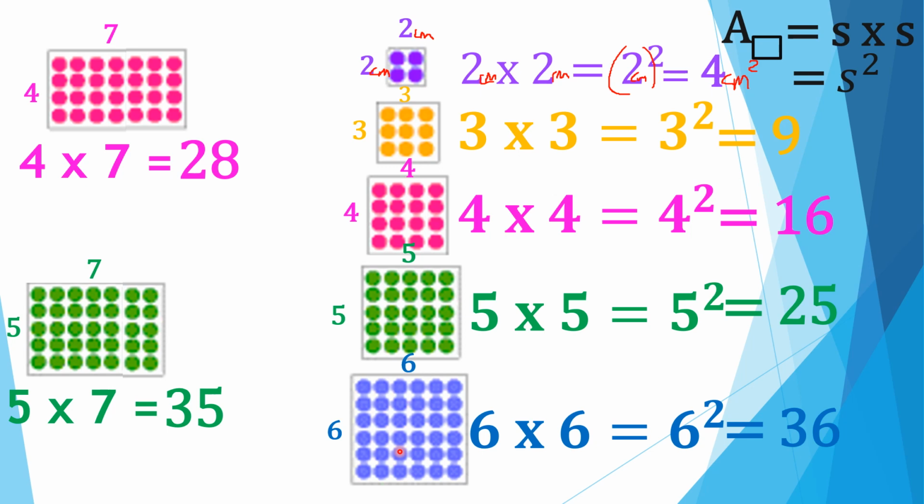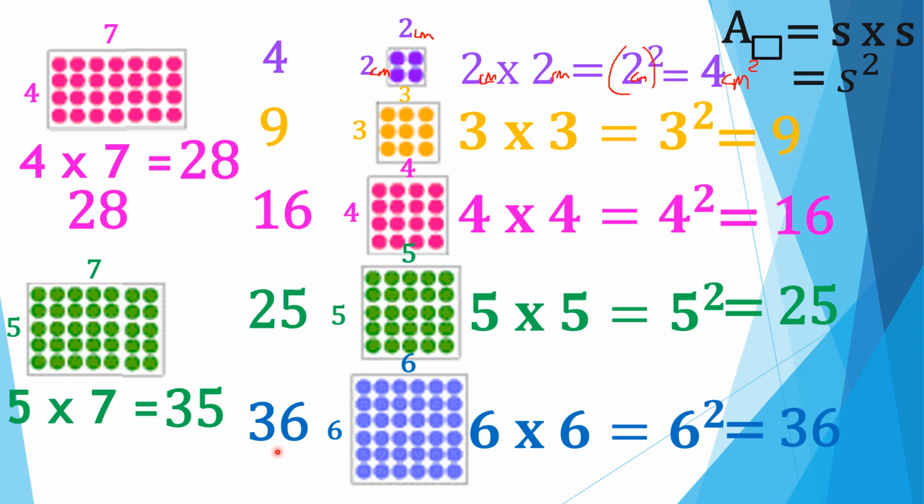A square number or perfect square can be represented by arranging objects in a square. Thus, 4, 9, 16, 25, and 36 are square numbers or perfect squares, while 28 and 35 are not square numbers or not a perfect square.